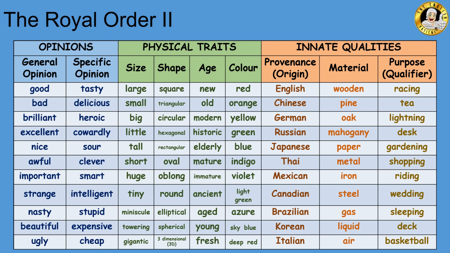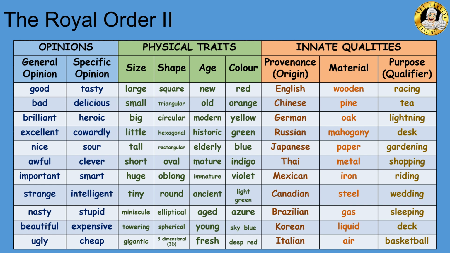Let's take a look, though, in more detail, at the differences between the categories themselves. So for opinions, you should start with a general opinion and then a specific opinion. General opinions are adjectives which really can be used with any kind of noun.